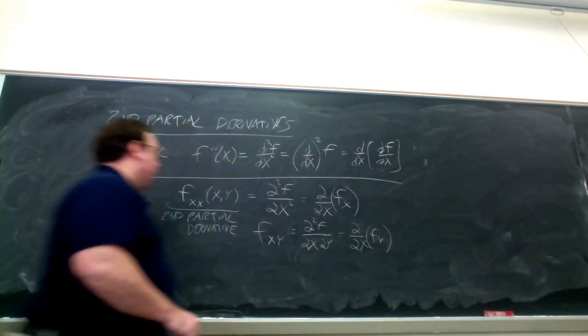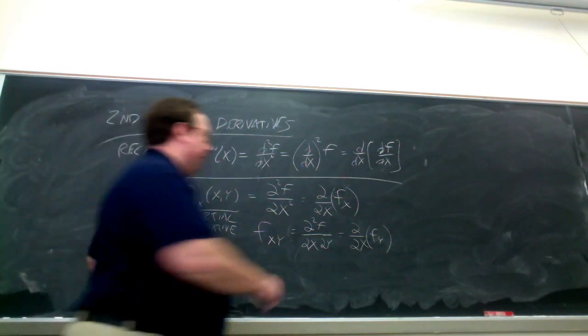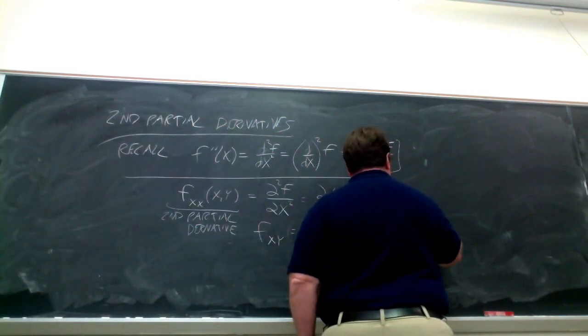Now you might think, does the order really matter if I differentiate first with respect to y and then x, or first with respect to x, then y? Because if that was different, that'd be kind of a pain to keep track of. But fortunately, it doesn't. This is the same as starting with f x and differentiating that with respect to y.